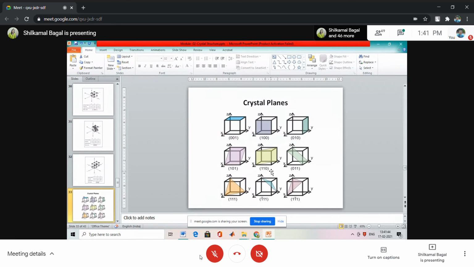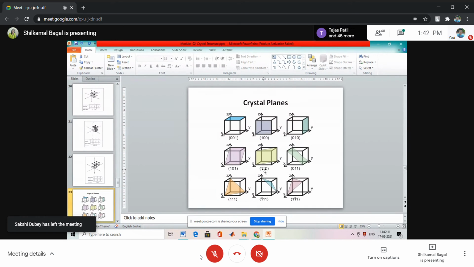Similarly, 1, 1, 0 will come this way. It has an intercept on the x-axis at 1 unit, an intercept on the y-axis at 1 unit, and it is parallel to z. So there will be no intercept made by this plane on the z-axis. It will be infinity. So 1, 1, infinity. These are the intercepts. Reciprocals of the indices are the intercepts made by the plane, because Miller indices we have defined this way only.